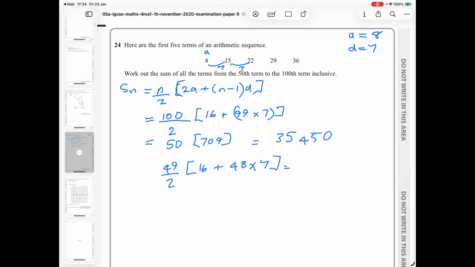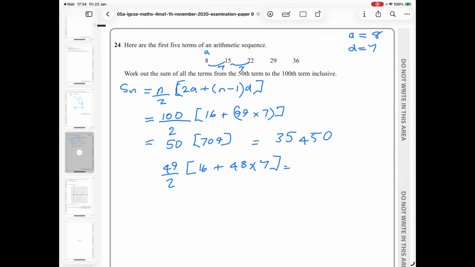There's a bit of me that's not entirely sure about this, because I'm trying to work out whether it's the 50th term or not that we do this with, but I think this will work. 48 times 7 plus 16, and then times that by 49 over 2. And that equals 8869, I think.